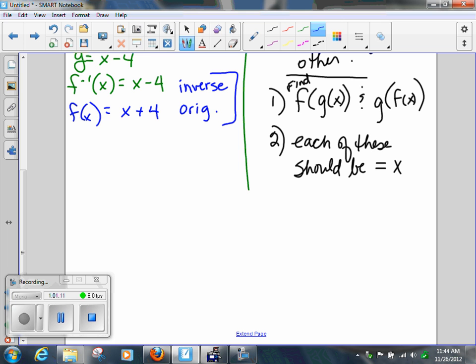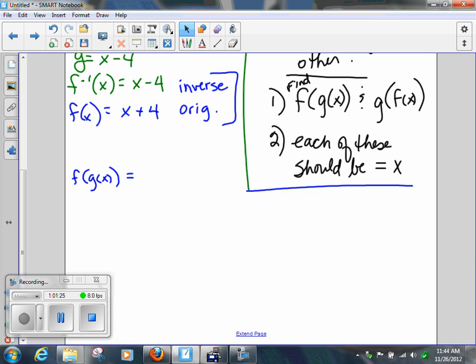We have to figure out f of g of x. Remember how to do this? This is like substitution on steroids. What's my g function? Okay, there's not a g function. What do I call my g function then? That's my inverse.